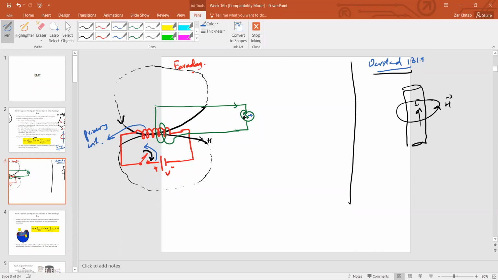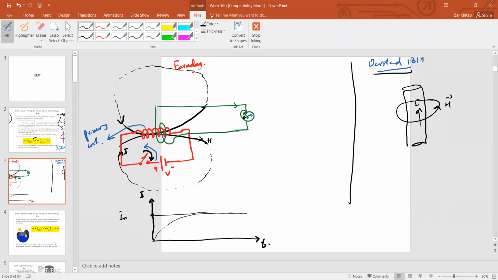varying magnetic field. When you close the circuit, current I will start flowing through the circuit, and that current I will have this sort of graph. If this is our time and this is current I, the current I will not suddenly rise to the maximum value. The current I in this circuit will take a little bit of time to rise to the maximum value.